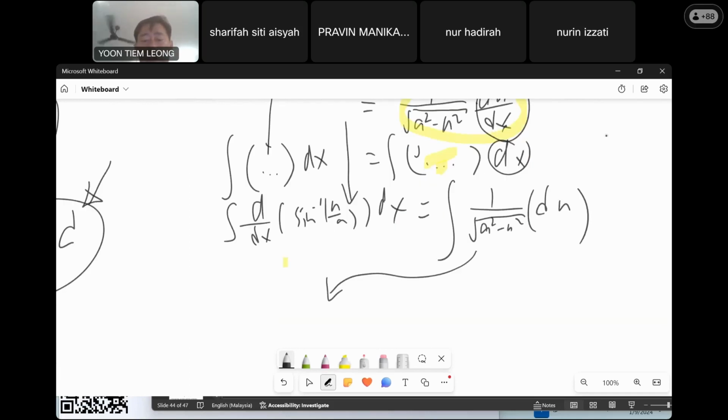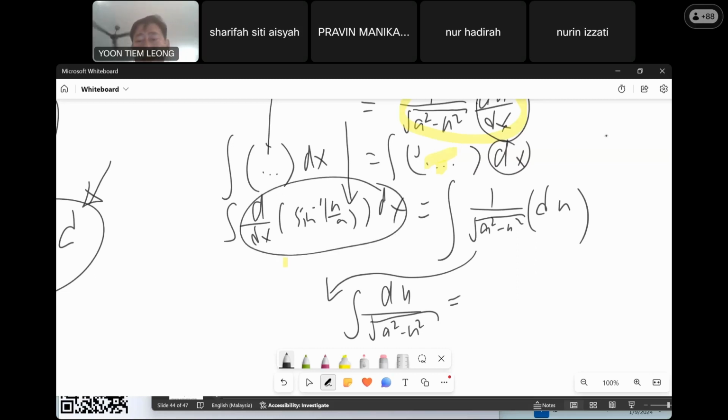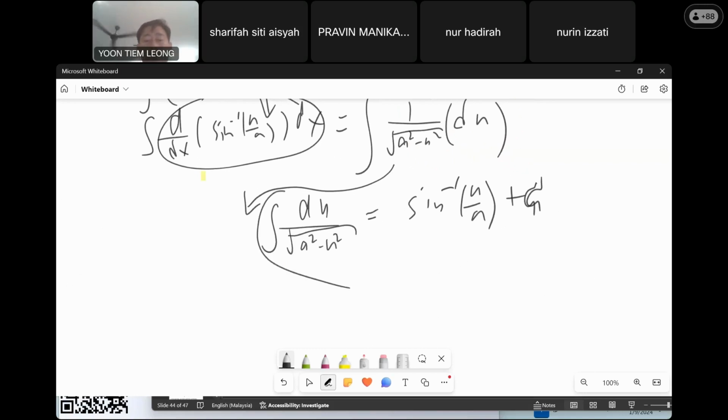So I write this on the left. That is the integration of 1 over square root of a squared minus u squared with respect to u, which is just equal to this expression on the right-hand side, which is basically arc sine of u over a plus a constant. So that is how I prove these equations.